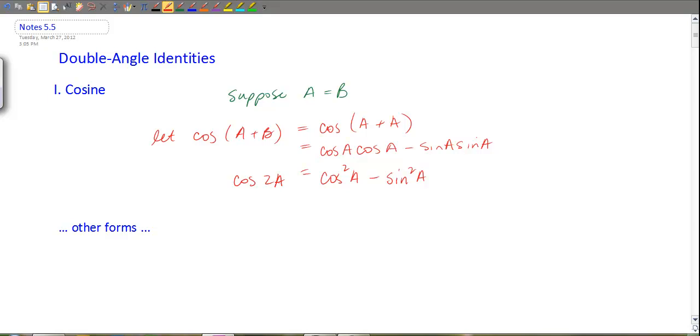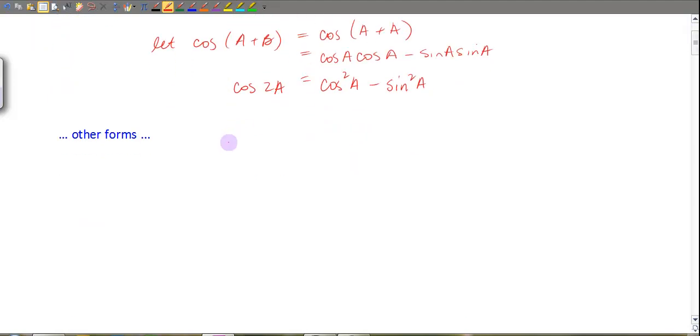Well, just like previously in the sum and difference identity for cosine, we have other forms that cosine can be written in. So we want to look at that as well. If I have the cosine of 2A, which we said was cosine squared A minus sine squared A, I'm going to rewrite this. I can rewrite the cosine squared A using the Pythagorean identity.